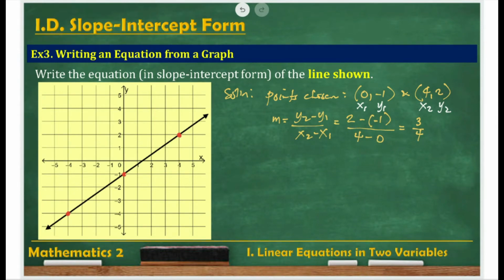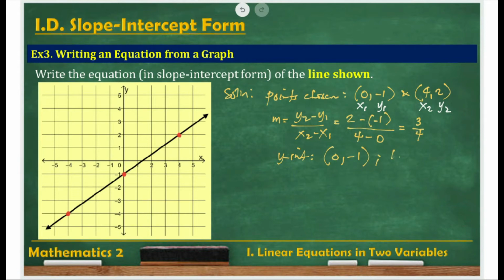Now, based on the graph, we can see that the graph passes through the y-axis at point (0, -1). The y-intercept is the point with coordinates (0, -1). The y-coordinate in the y-intercept refers to the value b in our slope-intercept form.